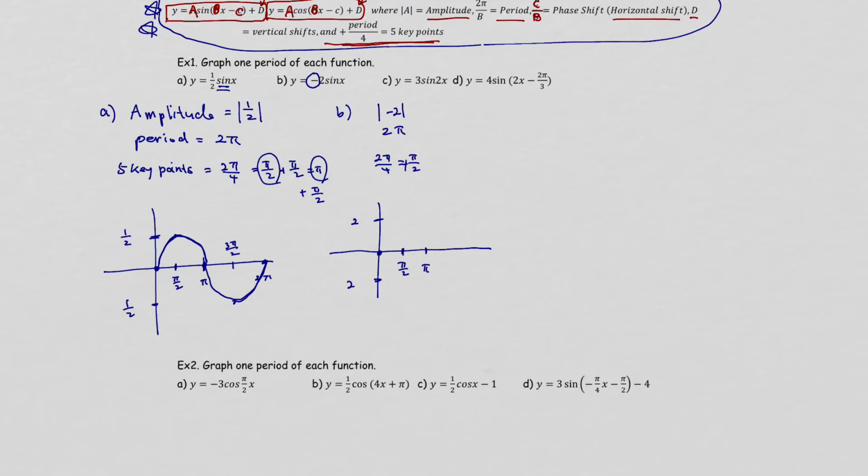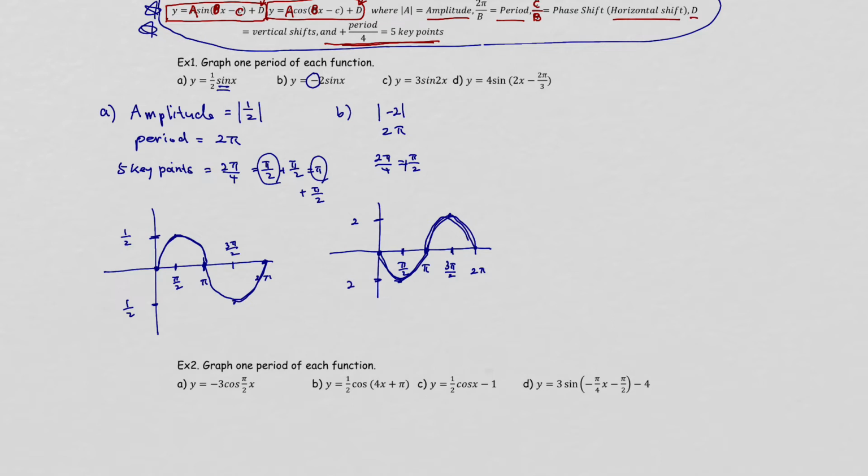And then it will be 3 pi over 2, and it will be 2 pi. Start going down after the origin, going up, and connect those dots with smooth curved lines and that will be your sine graph.